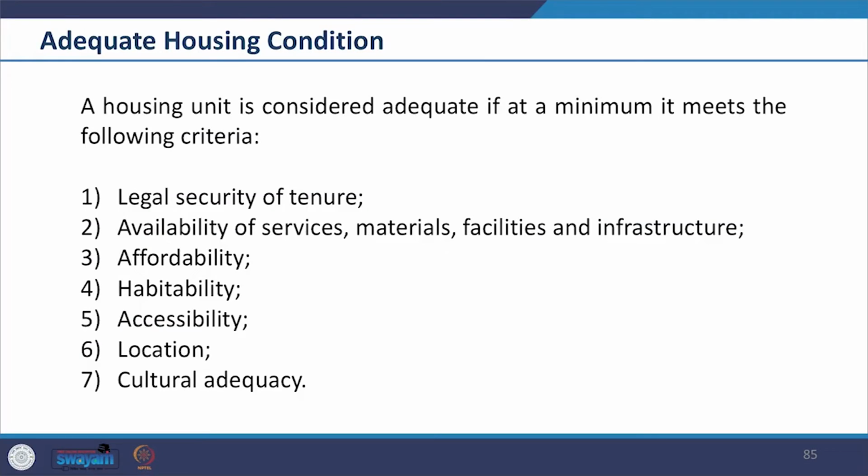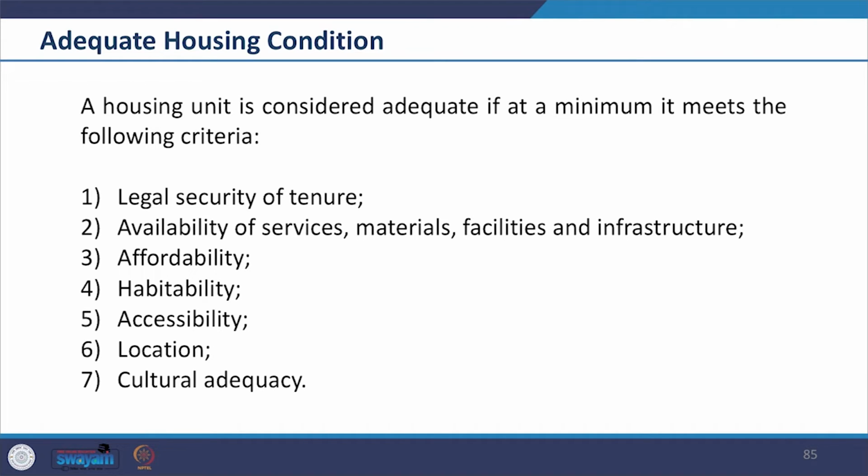Moving on, we'll try to understand what is inadequate housing. A housing unit is considered inadequate if at a minimum it meets the following criteria. So criteria 1, we see legal security of tenure, which guarantees legal protection against forced evictions, harassment and other threats.